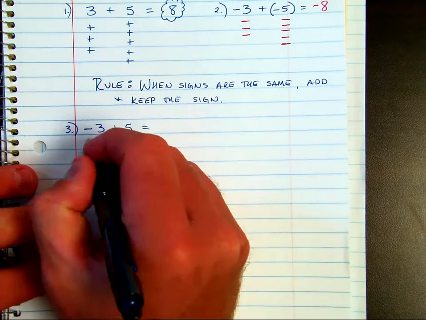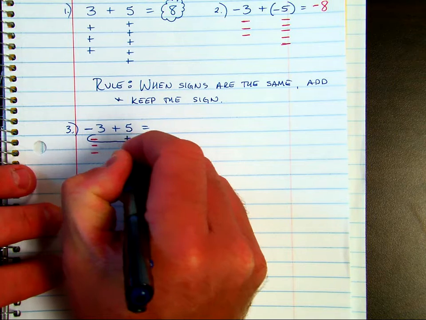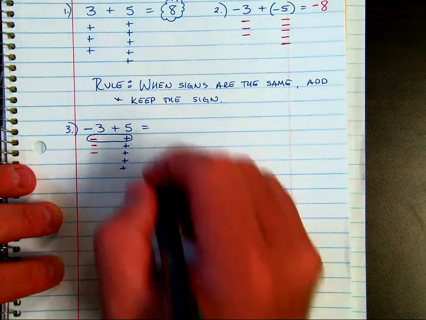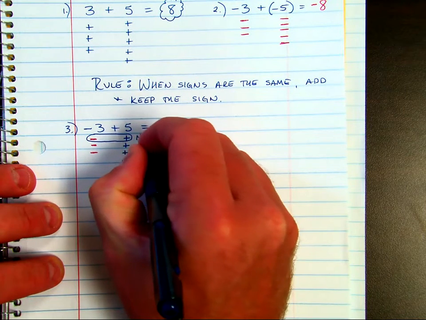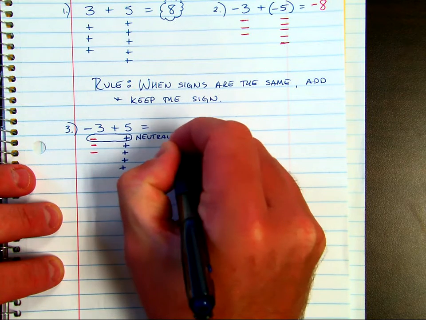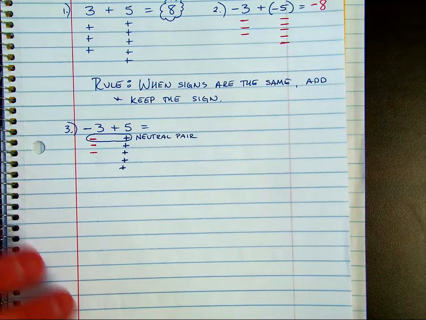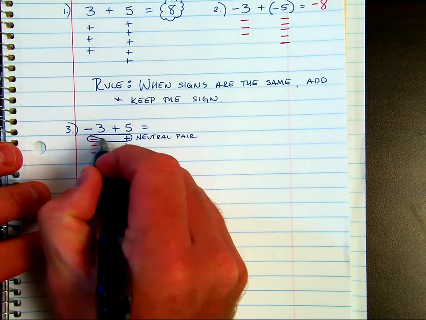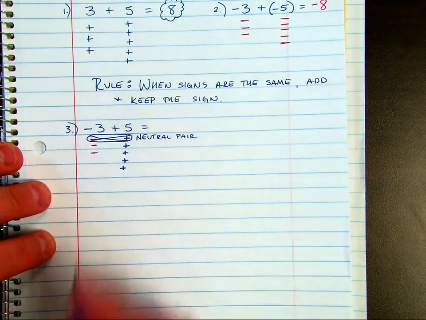Now, I do need to tell you that right here, a negative combined with a positive is called a neutral pair. And what number do we associate neutral with? What integer represents neutral, Sean? 0. So in essence, this negative and positive cancel out with each other.